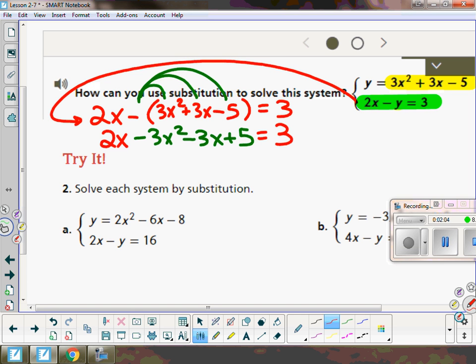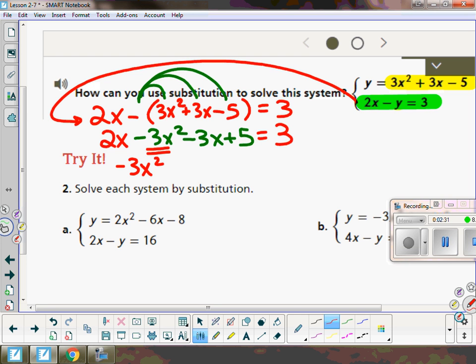Okay, so once we're here, I want you to get everybody on the left side, get your like terms together, and see if we can get a good solution here. 2x minus y, let's see. What I mean by that is, let's get this first like term on its own, because there isn't a like term.